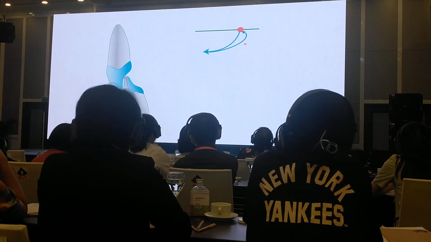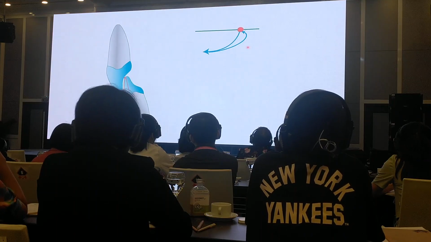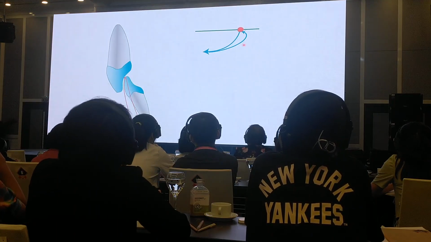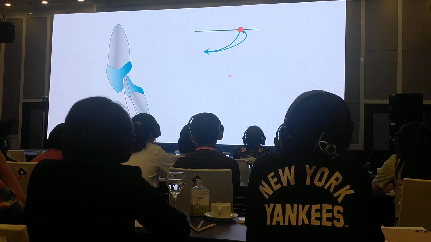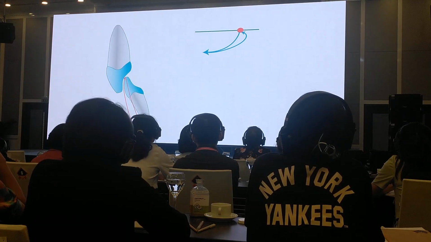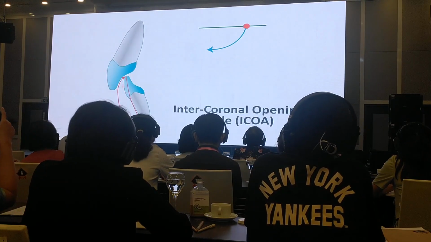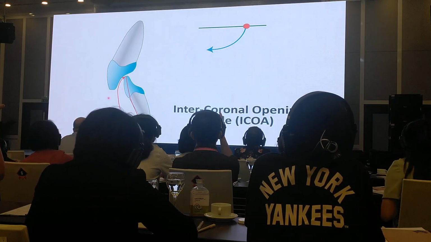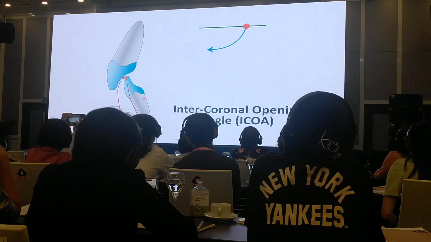This kind of movement, then slowly the joint has a problem. It creates a big problem. Therefore, once again, we shouldn't narrow this space. Only the dentist narrows this space.